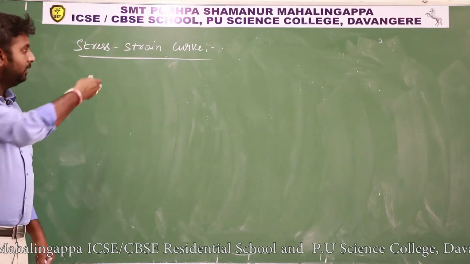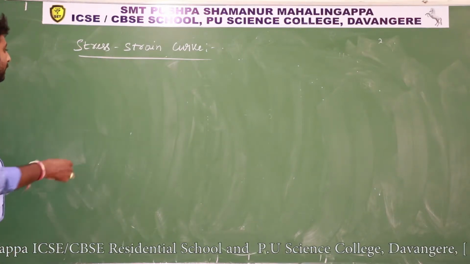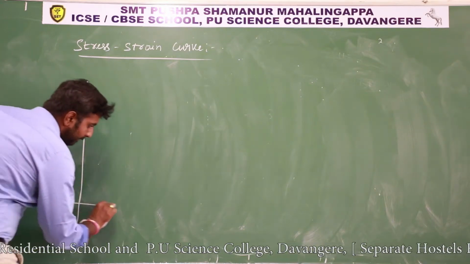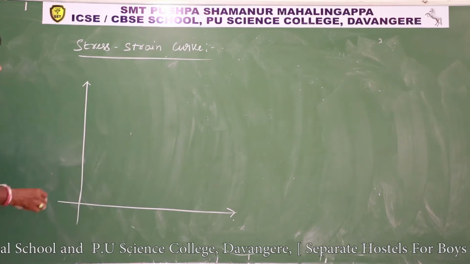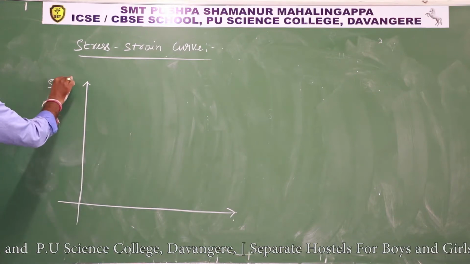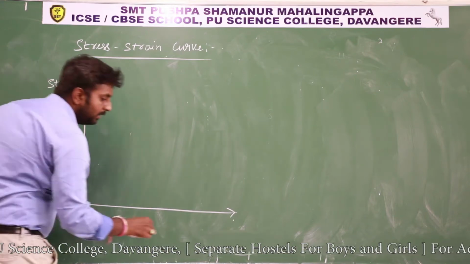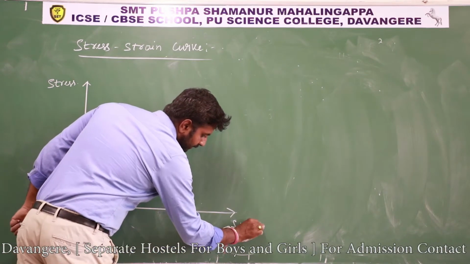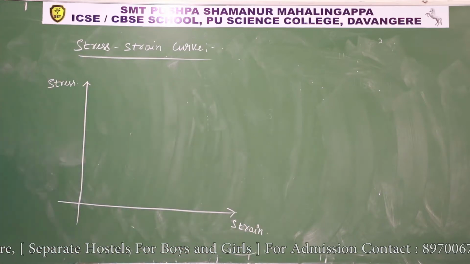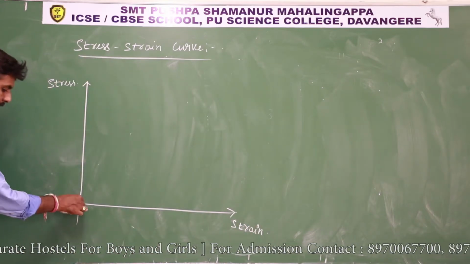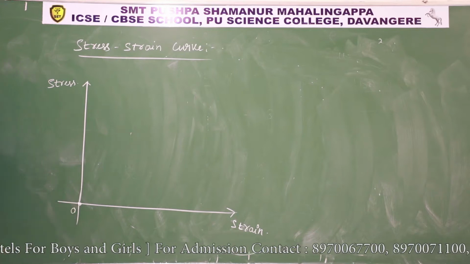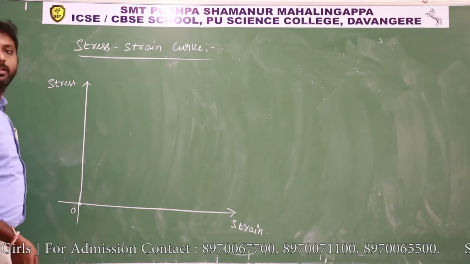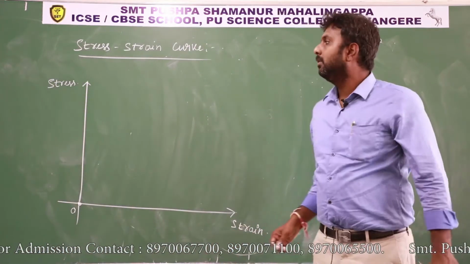To understand the relation between stress and strain, let us consider the graph. On the y-axis I will consider stress, and on the x-axis I will consider strain. Then this is the origin. Let us take this point as O. When there is no stress, the strain is also 0.